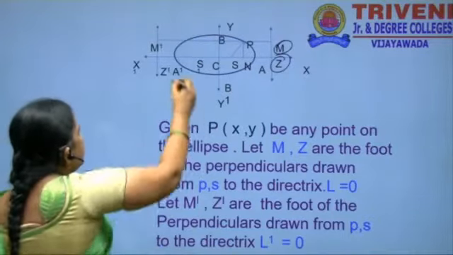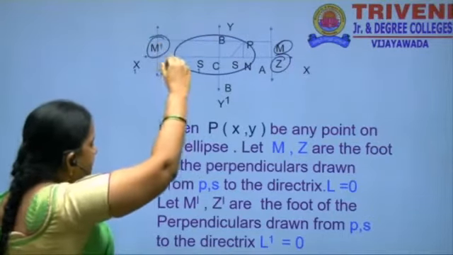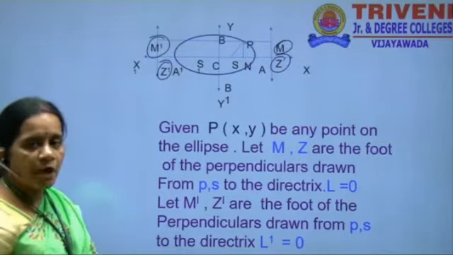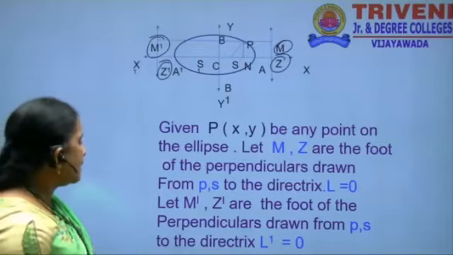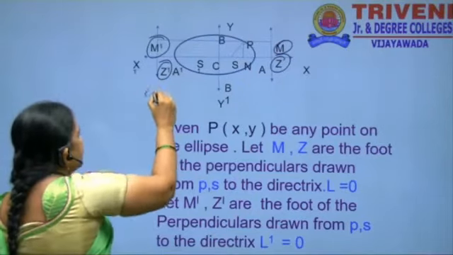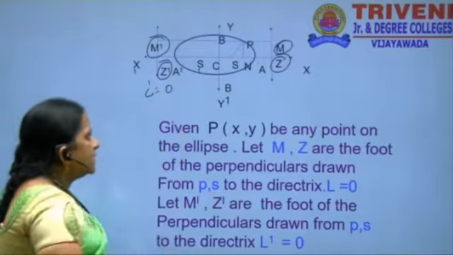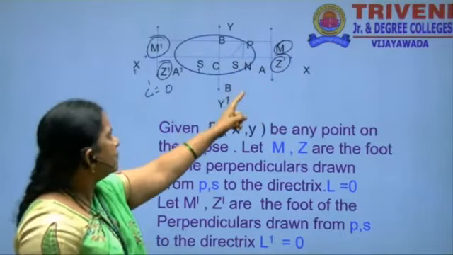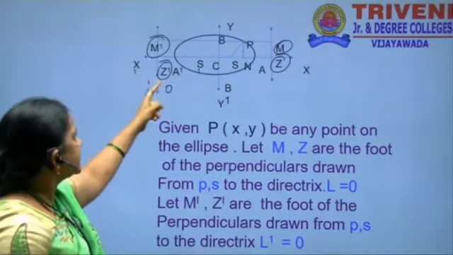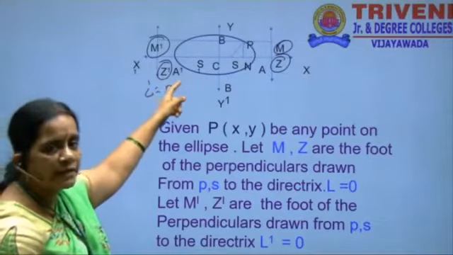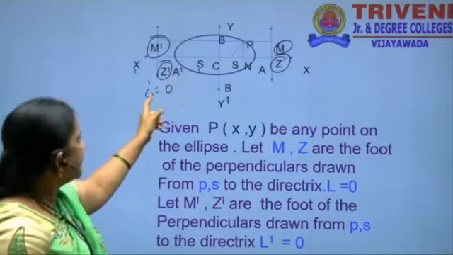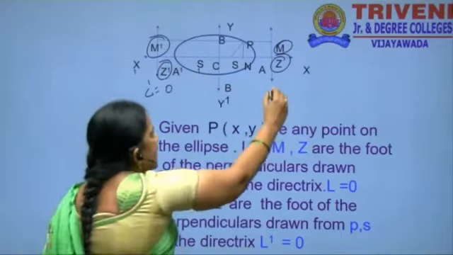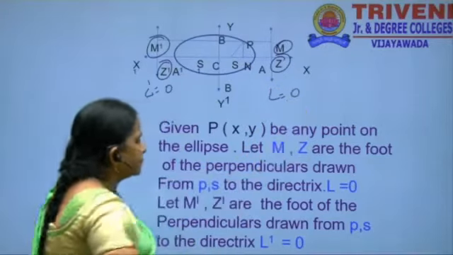M dash and Z dash are also the feet of the perpendiculars drawn from P to S on the directrix L dash equal to 0. Here M and Z are the feet of the perpendiculars from P to S. Here M dash and Z dash are the feet of the perpendiculars from P on S. Then the directrix L dash is equal to 0. Here the directrix L is equal to 0.